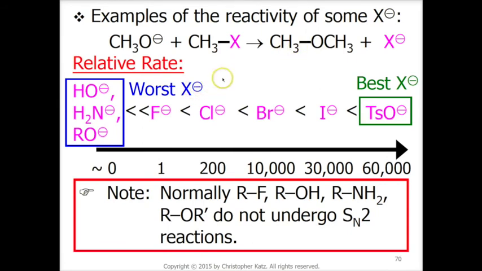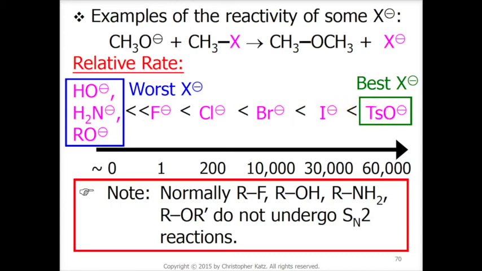So your relative rate in terms of leaving groups, now we're not talking about this in terms of nucleophiles. We're talking about this in terms of leaving groups. So we are fixing our nucleophile, which is going to be our methoxide, but now we are varying our leaving groups. This is different than the previous slide because we were varying the nucleophiles, and here we are not. We are just varying the leaving groups.